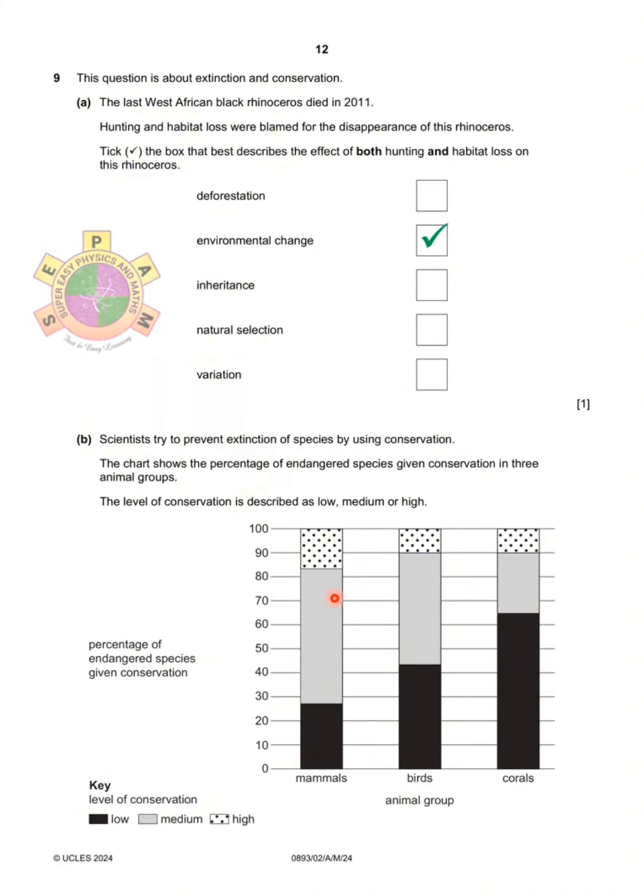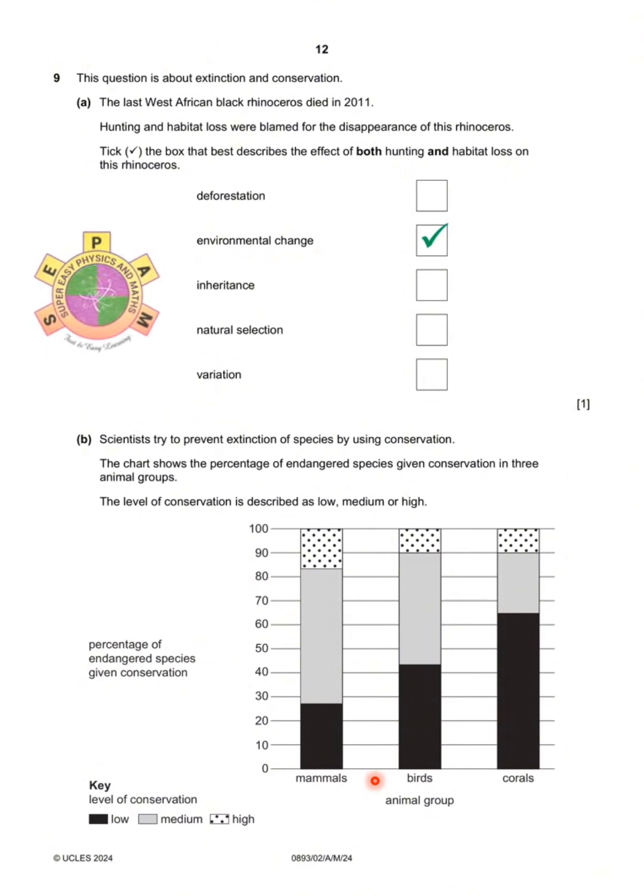The mammals have more of medium preservation. And if you look at the bird, they have low preservation. Birds can easily die. Then you have the percentage for the corals.